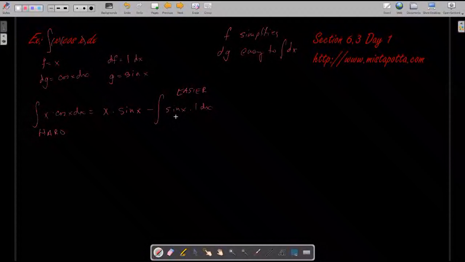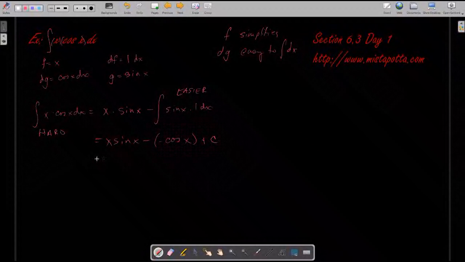So this is x times the sine of x. This is going to be the antiderivative of sine, which would be negative cosine x plus a constant. And so I end up with x times the sine of x plus the cosine of x plus c.